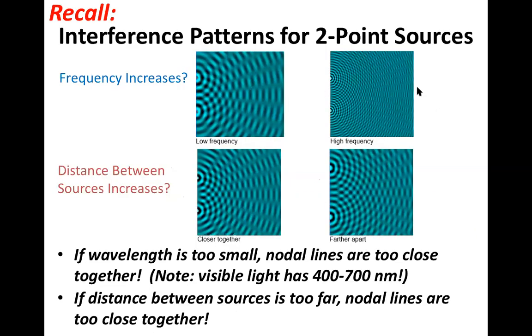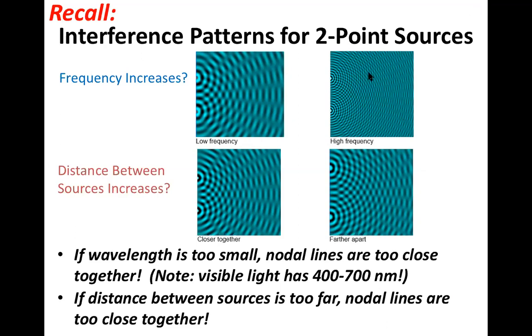So do you remember where we were adjusting one variable in the little gizmo? When we increase the frequency, so from this diagram to this diagram, we get more nodal lines, and there's almost so many that they're close together and we can't see them.